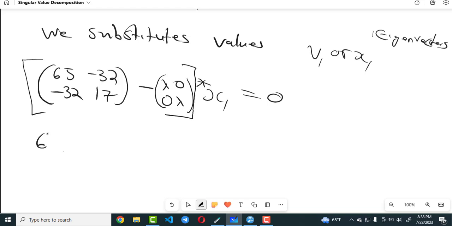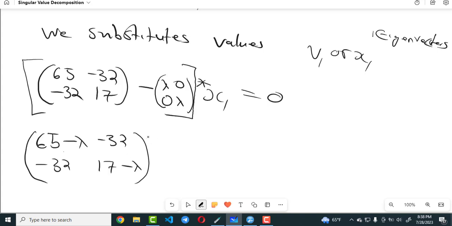So it's 65 minus lambda, minus 32, minus 32, 17 minus lambda, all multiplied by x1 or our vector 1.